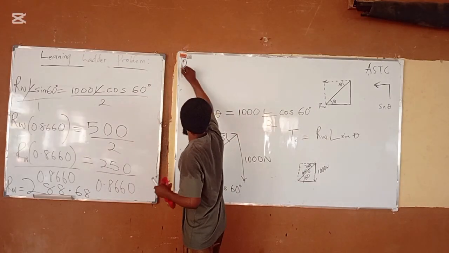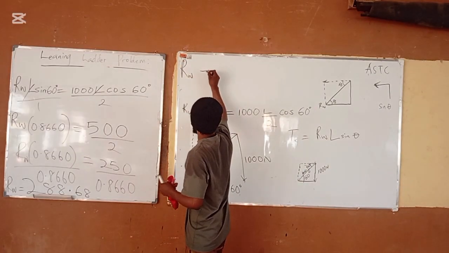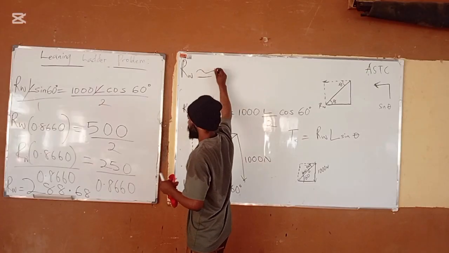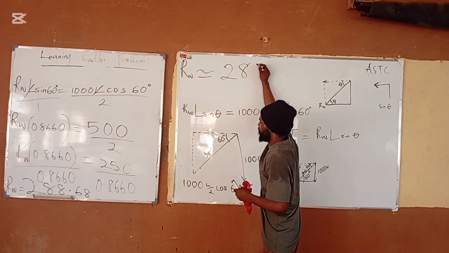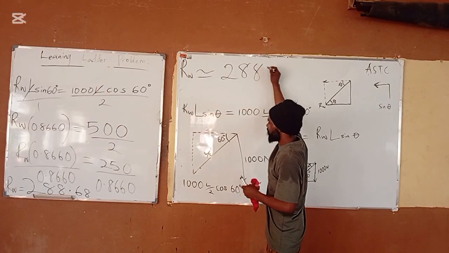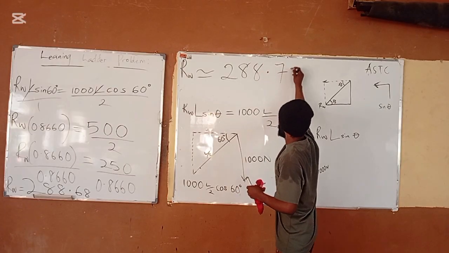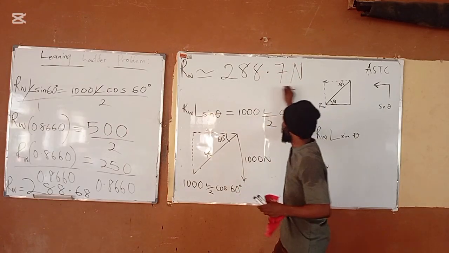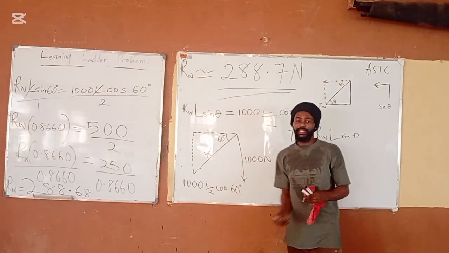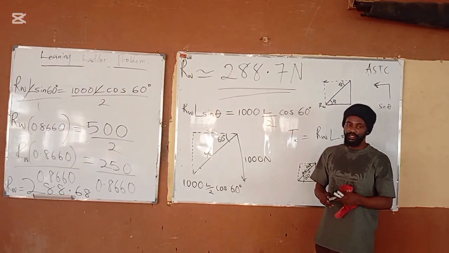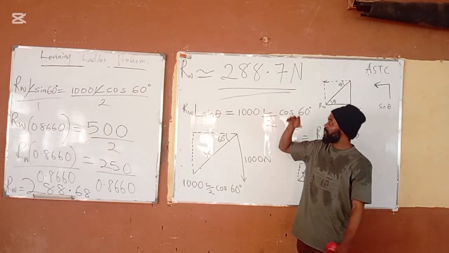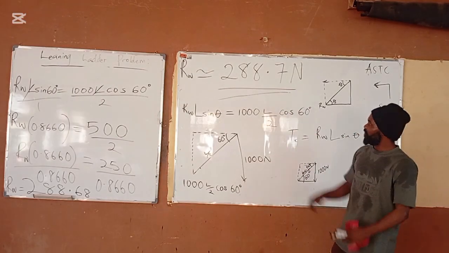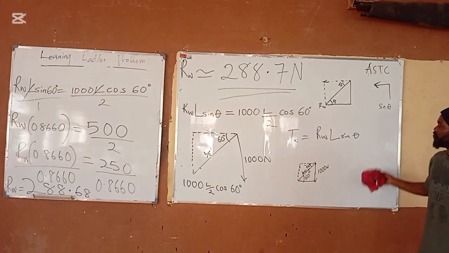So reaction on the wall is approximately 288.7 in Newton. Unless you check the objective answer and you see 289. But if it's theory, and you don't meet an exam that is theory, I believe you should see something like this when they ask you.